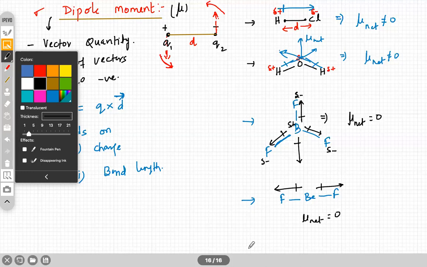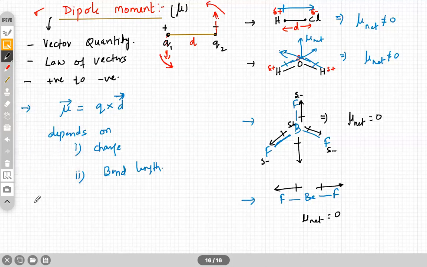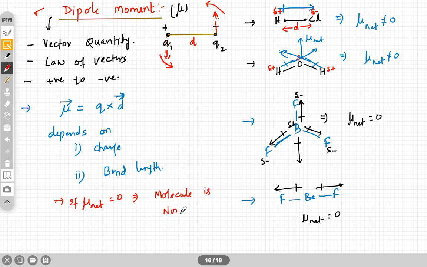Right? This is what you need to check, whether the dipole moment is 0 or not. You don't have to check the exact value. With this, we can conclude one particular thing here. When mu net is equal to 0, dipole moment equals 0, then the molecule is said to be non-polar.